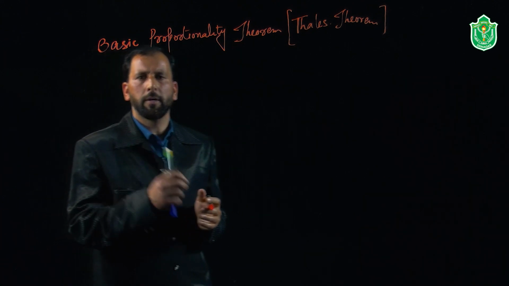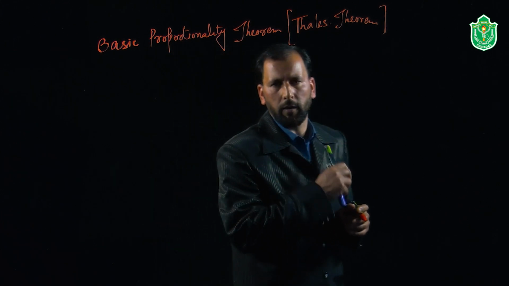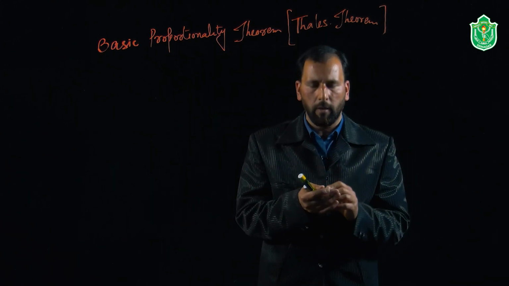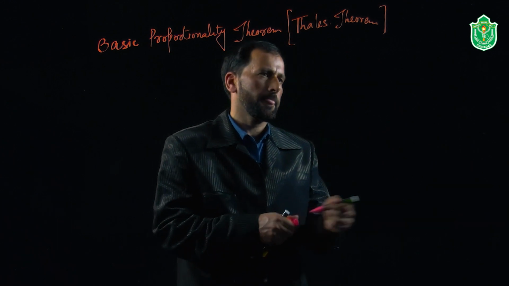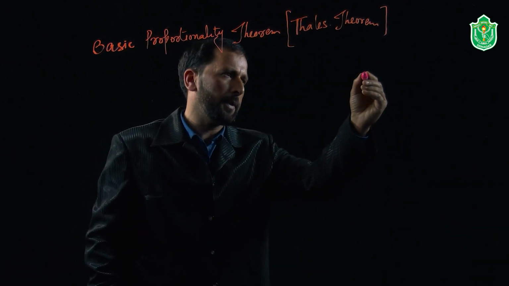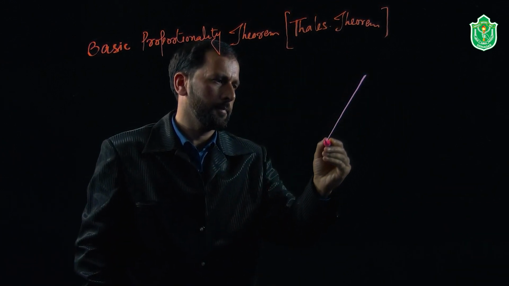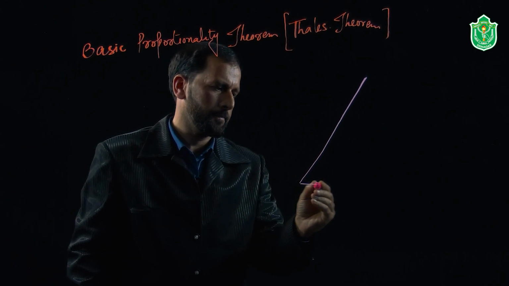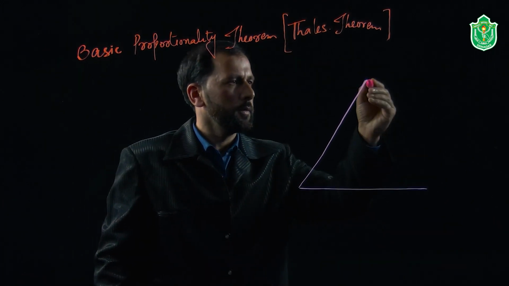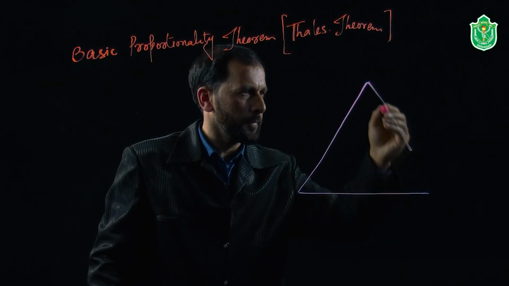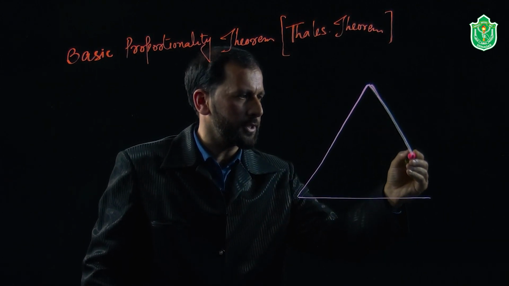A line drawn parallel to one side of a triangle. First of all, let us draw a triangle ABC. This one is a triangle ABC.